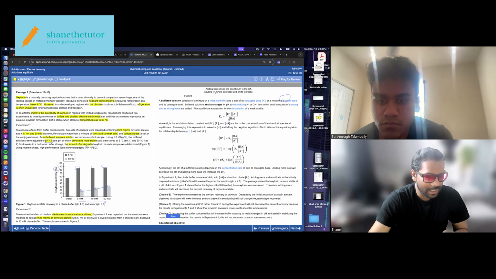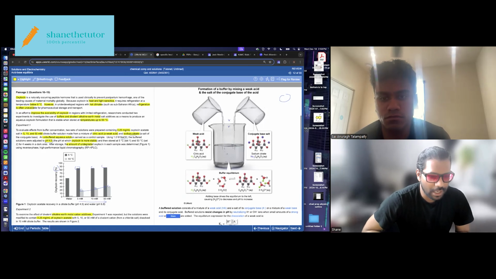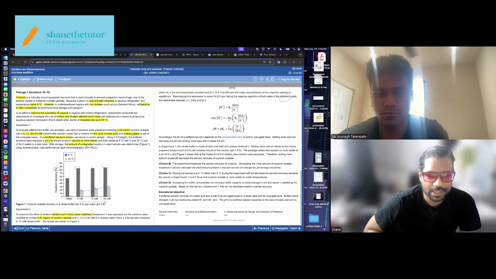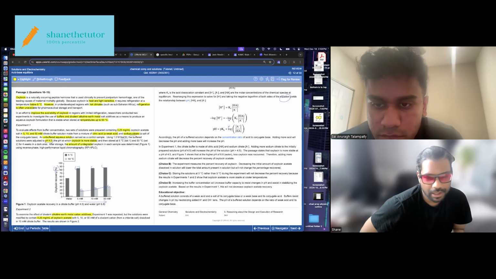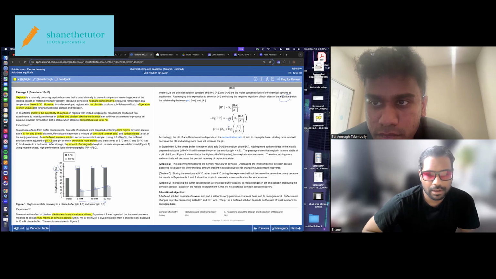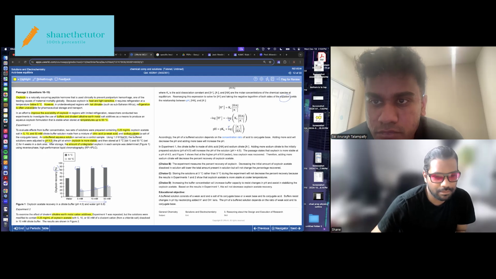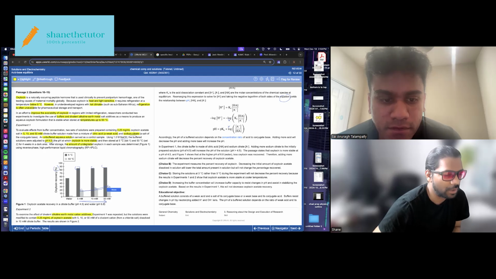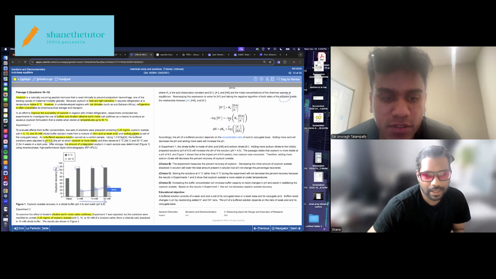So if we go back to D, if you increase the buffer concentration, well, their explanation isn't as good, but we know that if we increase this, we increase the percent recovered, right? Yeah.